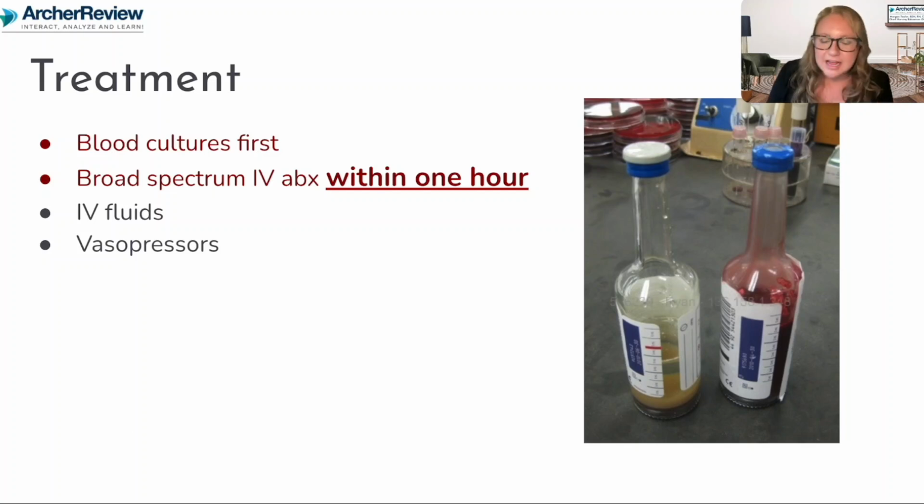They're starting to have some crackles and fluid overload, but they're still hypotensive. Now they're 80/40. What do you want to give them? Some epinephrine? Some norepinephrine? Some dopamine? All great answers, Archer nurses. Those are things that are going to vasoconstrict, make that vessel smaller so that we can get that blood pressure up.